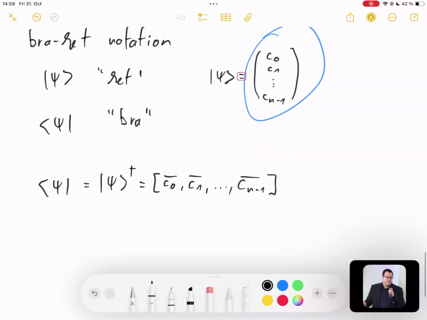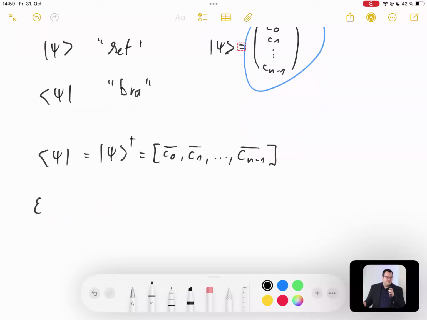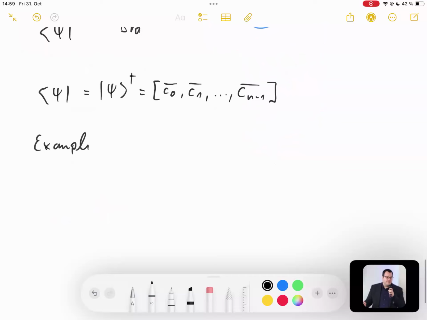Let's do an example, just so that we are all on the same page. I have a psi ket with entries 3 and 1 minus 2i, and I want to know what the psi bra is. If you have a suggestion, please send it to the chat.